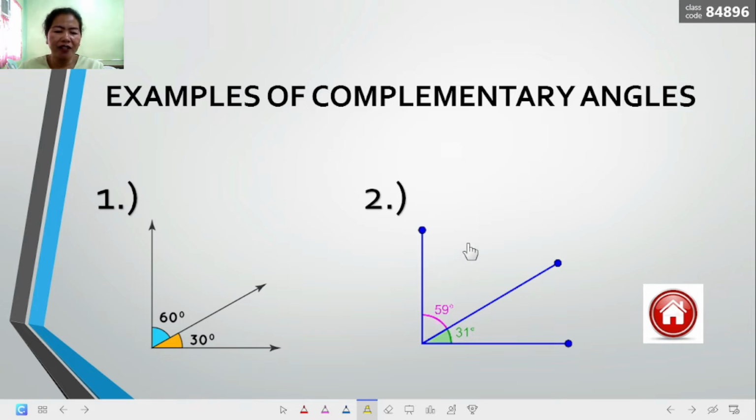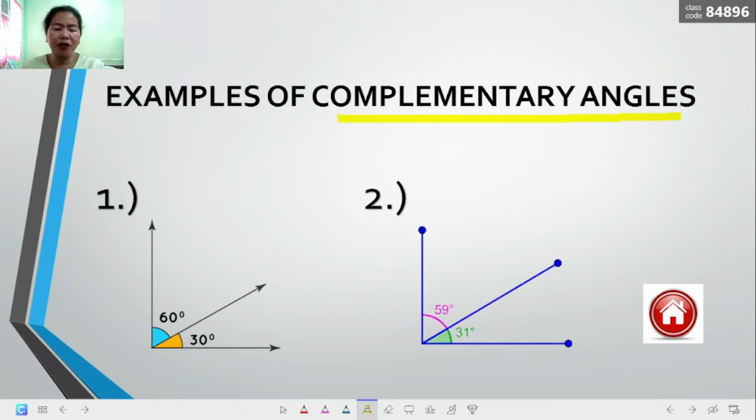So here in the first example, number one, 60-degree and 30-degree angles. By definition, complementary angles have a total of 90 degrees. So when you sum up 30 plus 60 is equal to 90 degrees. Thus, this represents complementary angles.